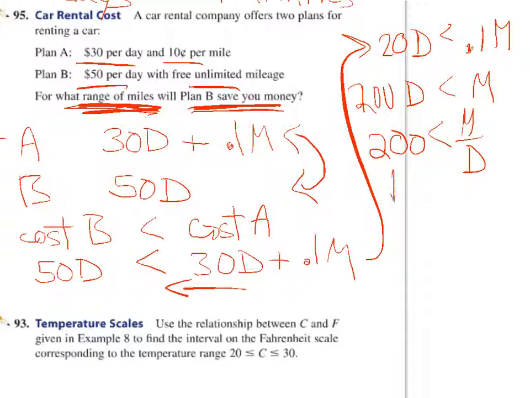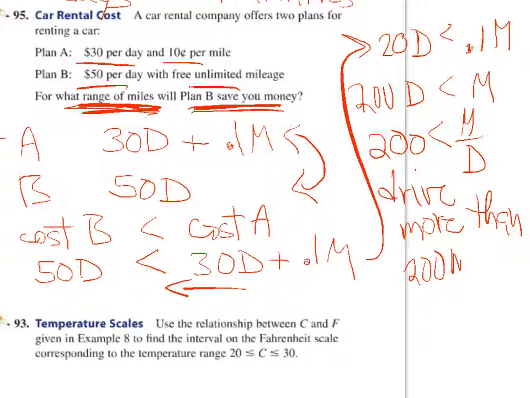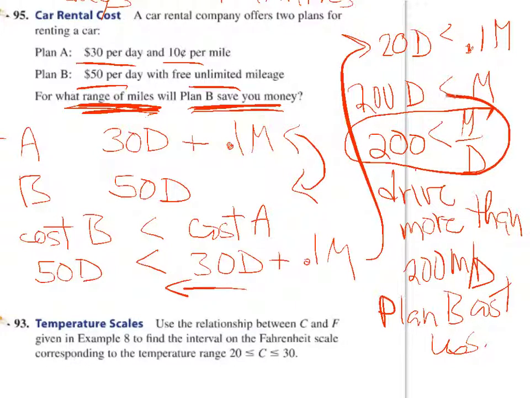So that means that if we drive, this is what I was trying to say, if we drive more than 200 miles per day, Plan B will cost less than Plan A. And the reason we know that is because miles per day has to be greater than 200. So as long as you drive more than 200 miles per day, Plan B will cost less.